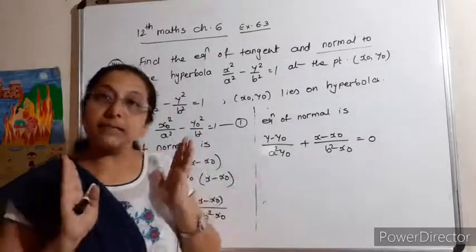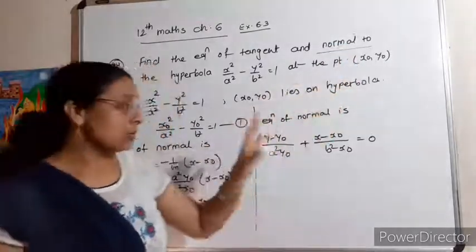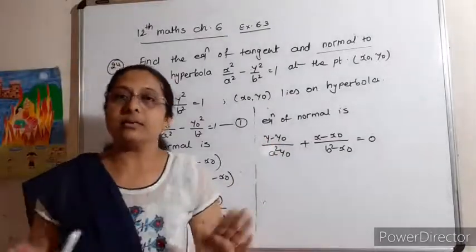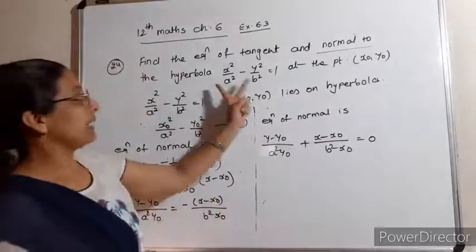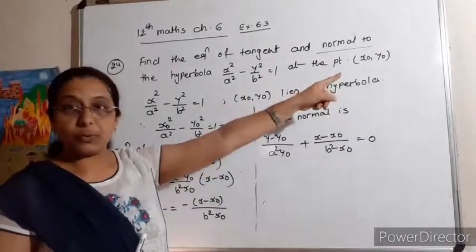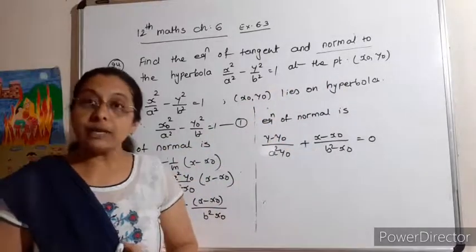We have to do it the way we used to. But the point is given as x0, y0, so the answers for both equations will come in the form of x0, y0. That's it. First of all, you have to find this dy by dx at the given point, which is the slope of the tangent. Then you put it in the equation and find the equation of tangent.